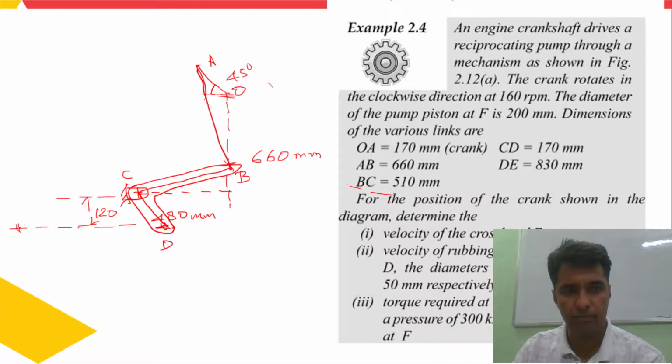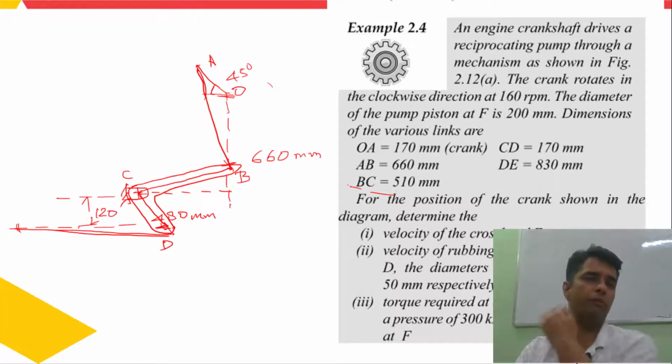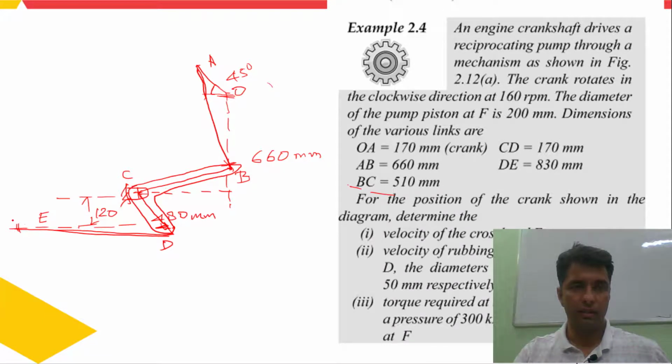Let's say this is cutting somewhere here. So join these 2 points by a straight line. So this point becomes point E, and the slider is here. This is point G.